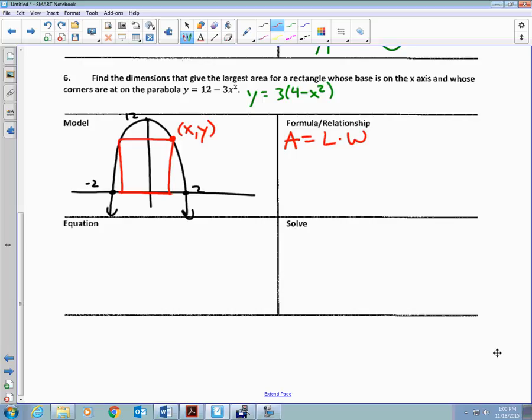What is the length? What is the base? Hint, look at the coordinate. What's the length of the base? No, 4 is the distance from here to here. It's less than 4, isn't it? Give me it in terms of x. How far is it to get from here to here?